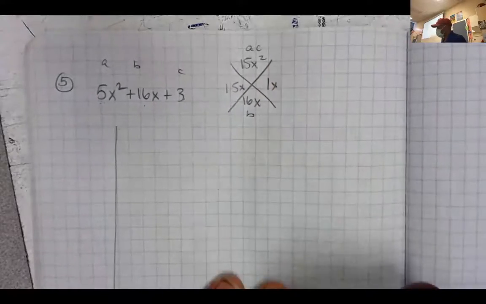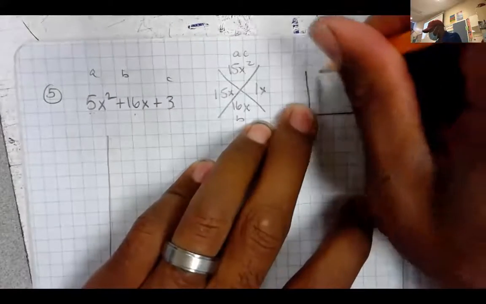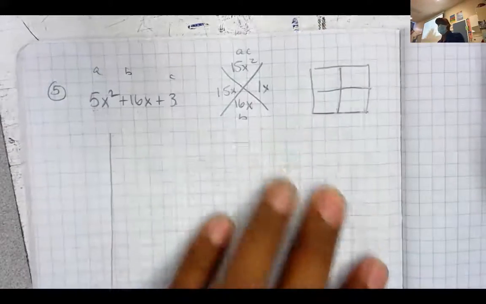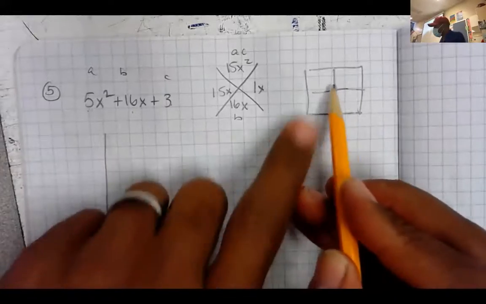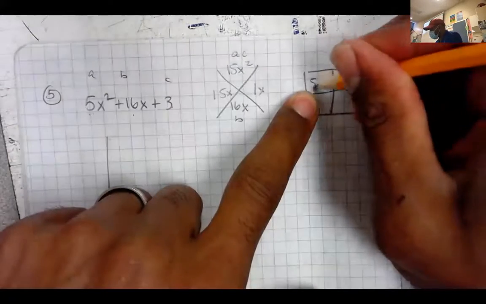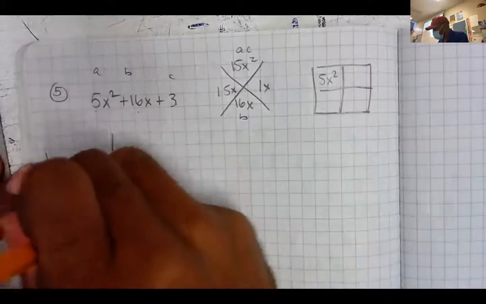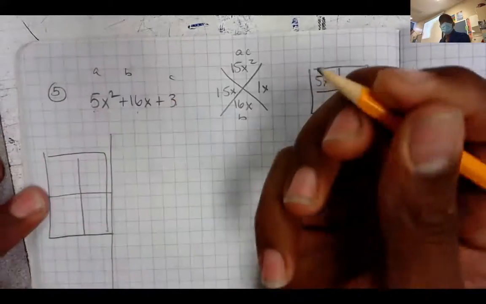But now the next step is the box. And we always do, when it's a trinomial or 3 numbers, we do a 2 by 2 box. So remember the first box, you put your first term. Actually, I'm going to put that over here on the side, like a little example here. So here, first term goes here.